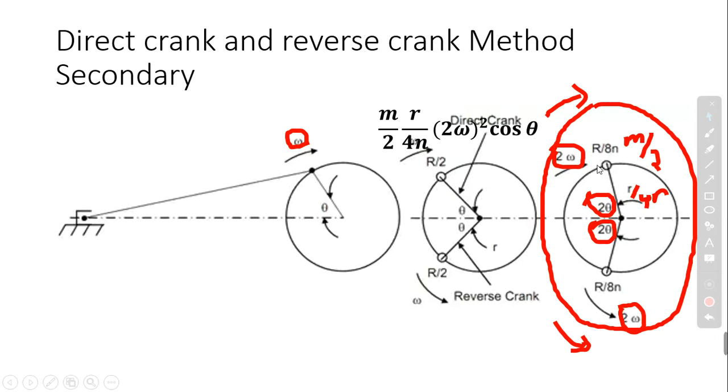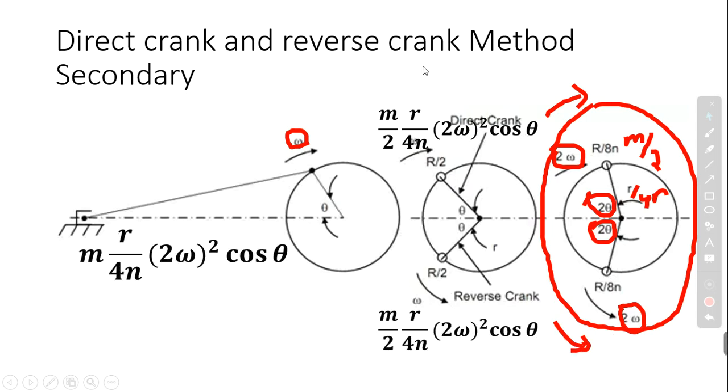And by assuming a mass m by 2 and resolving along the line of stroke, you get m by 2 times r by 4n times 2 omega whole square cos 2 theta in the direction of the line of stroke, and the same m by 2 r by 4n, 2 omega whole square cos 2 theta due to the mass at the reverse crank. And by summing these two components, you get m r by 4n times 2 omega whole square cos 2 theta.